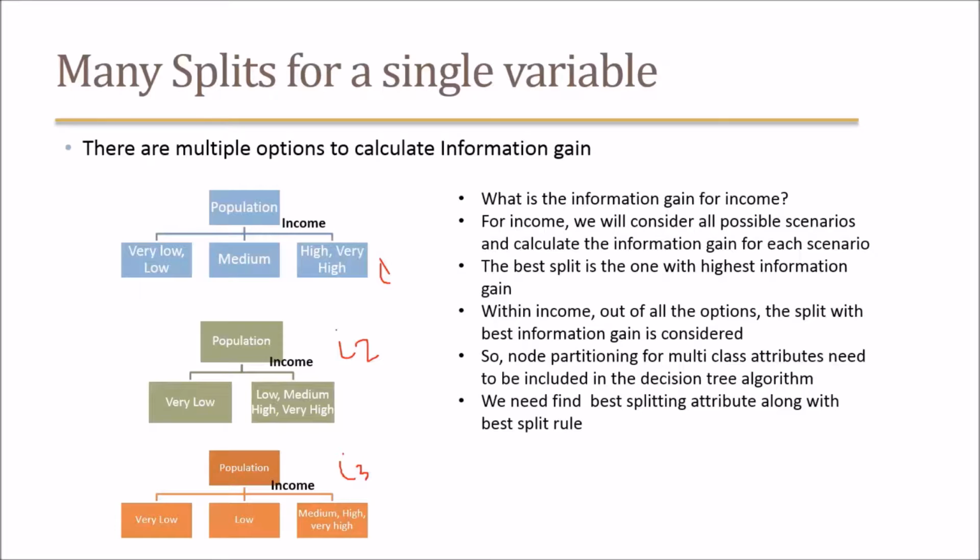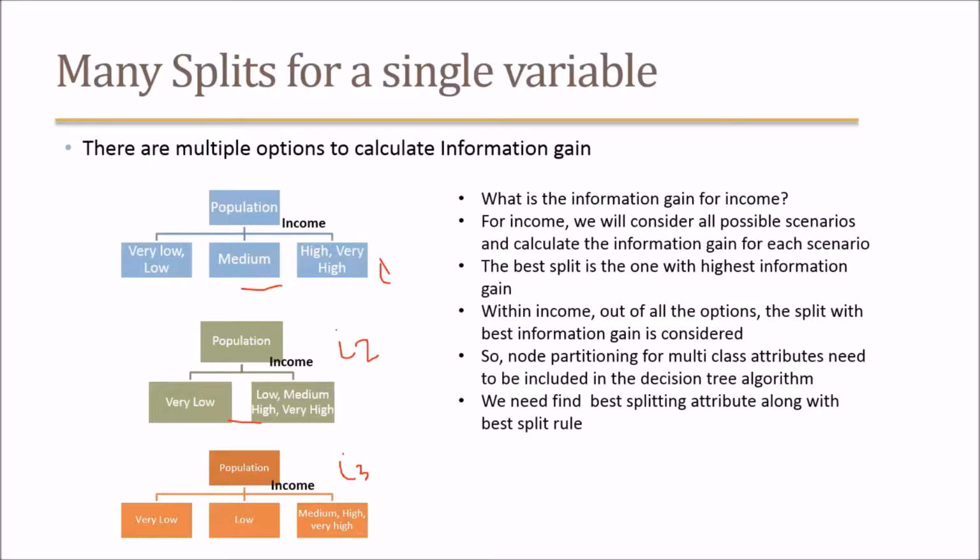Out of all those information gain values, the best information gain value is the actual information gain for that particular variable, and that particular split is the best split for income. So this is split 1, this is split 2, this is split 3. The split that gives us the best information value is the best split for this particular variable.